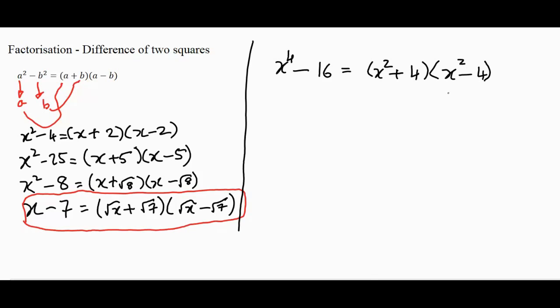You should immediately notice that we can factorize this further. So this can be written as x plus 2 into x minus 2, just like the first example. And that would then complete the factorization.